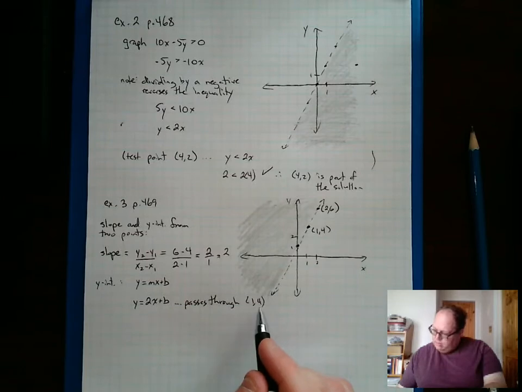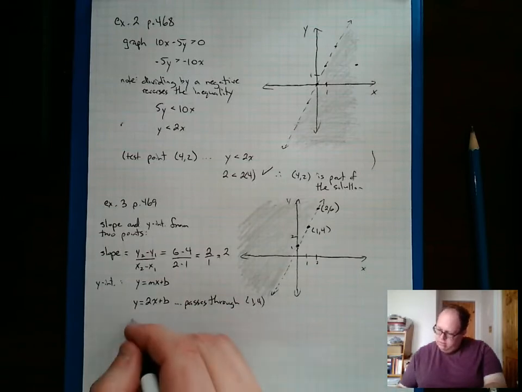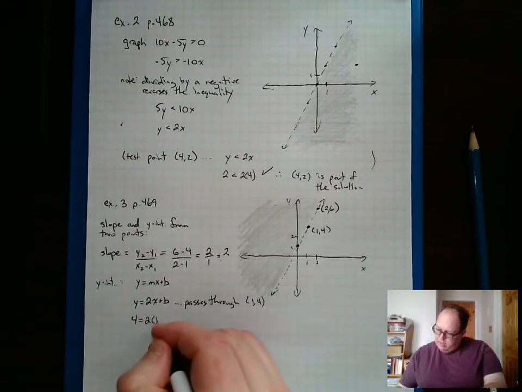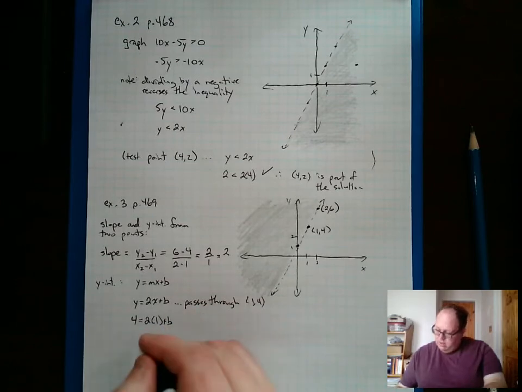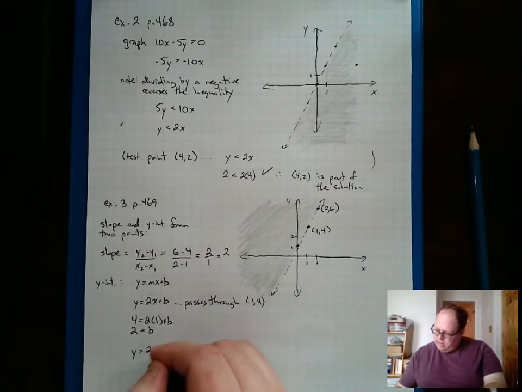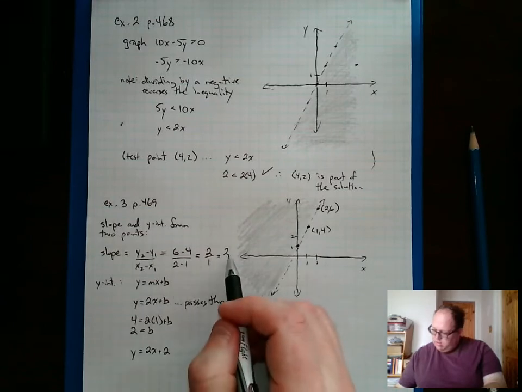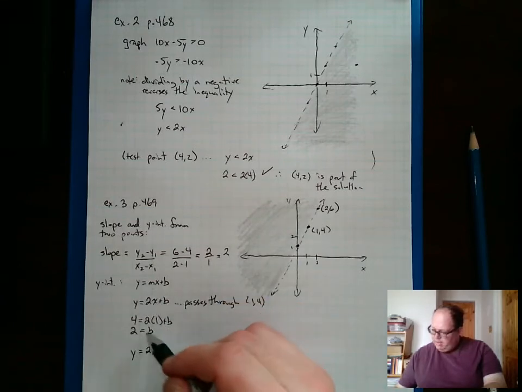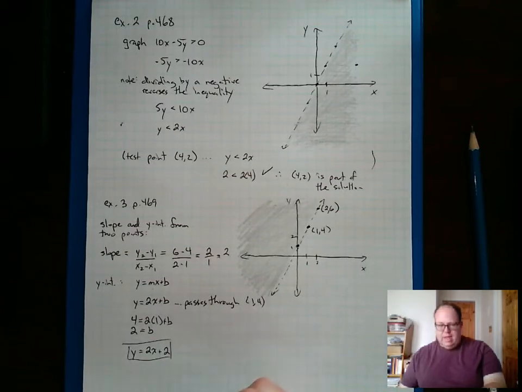So when x equals 1, y has to equal 4. So 4 equals 2 times 1 plus b. Rearranging that, b has to equal 2. And the equation of my line is y equals 2x plus 2. The slope I put in for my m value, the y-intercept I worked out, I put in for my b value, leaving my variables intact.